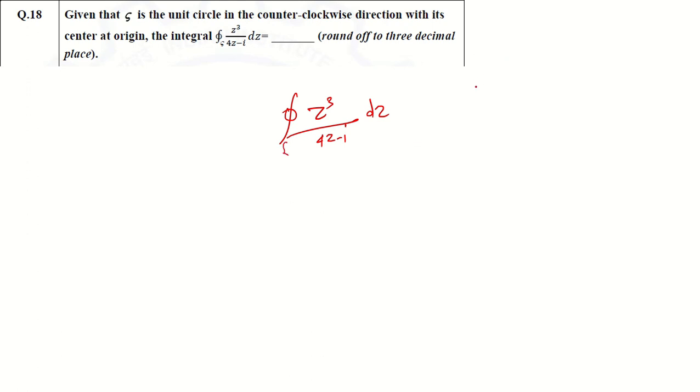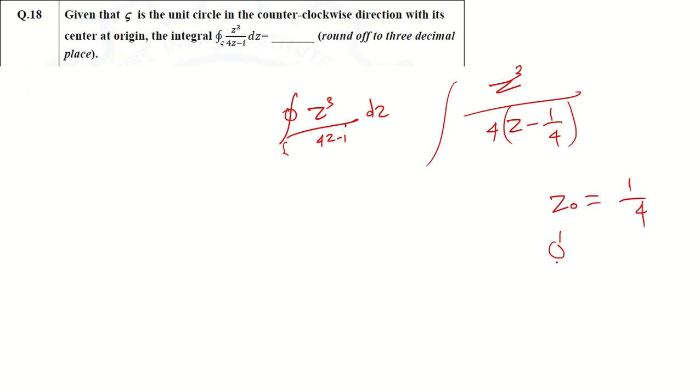So, we can write like this, z cube divided by 4 into z minus 1 by 4. Here we will apply z naught is equal to 1 by 4 and phi of z is equal to z cube. We just assume.